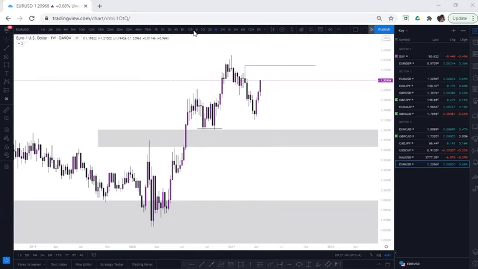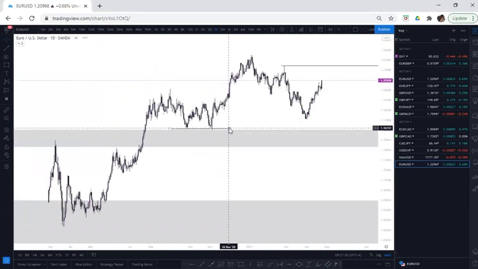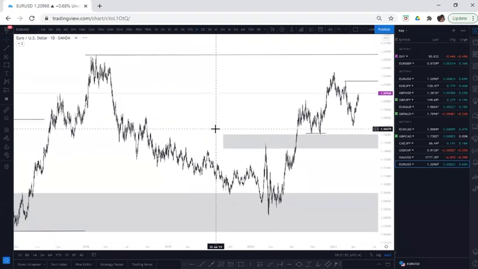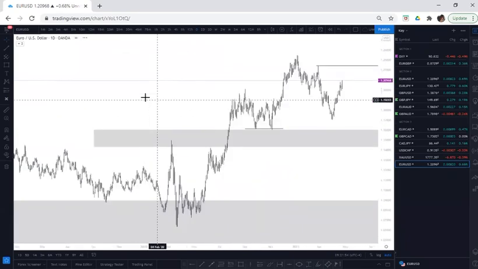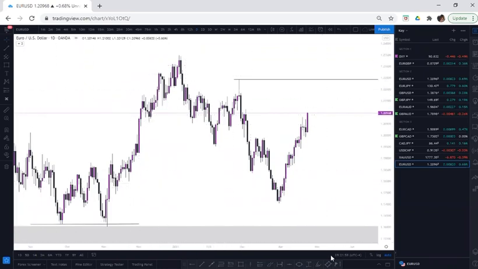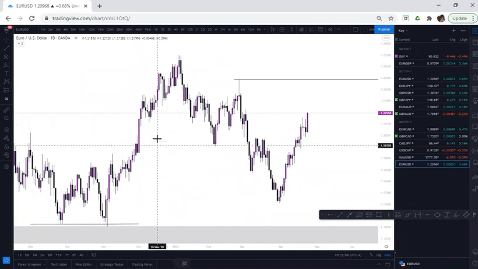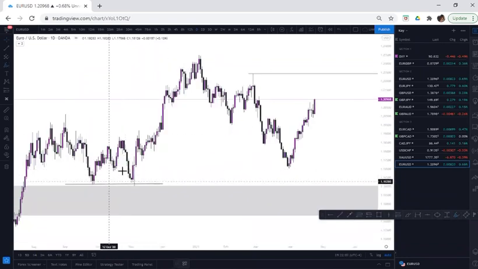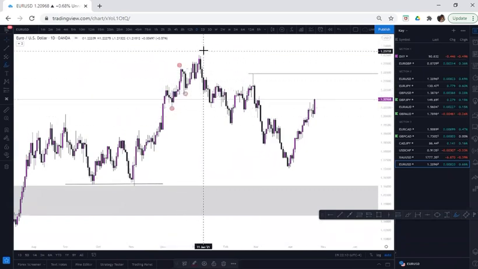Now, if you go to the daily time frame on Euro USD, we already know that we are trending upwards right now. However, on the daily, let me get this. From this point, we're making higher highs. So let's say we had a higher low here, higher high, higher low here, higher high.